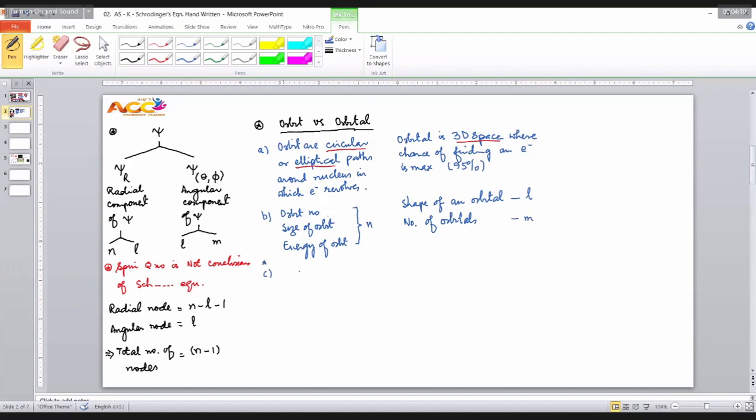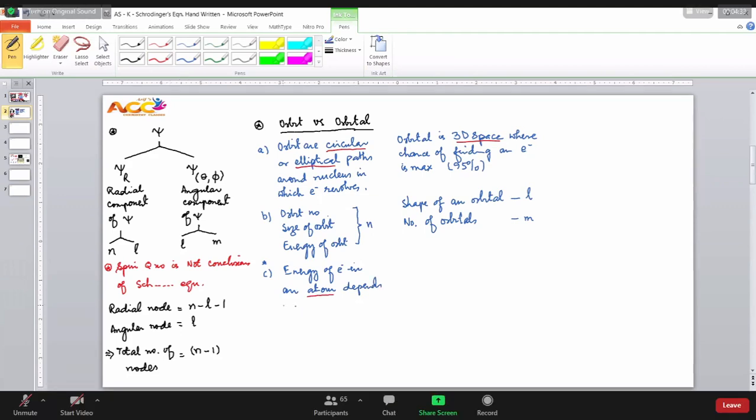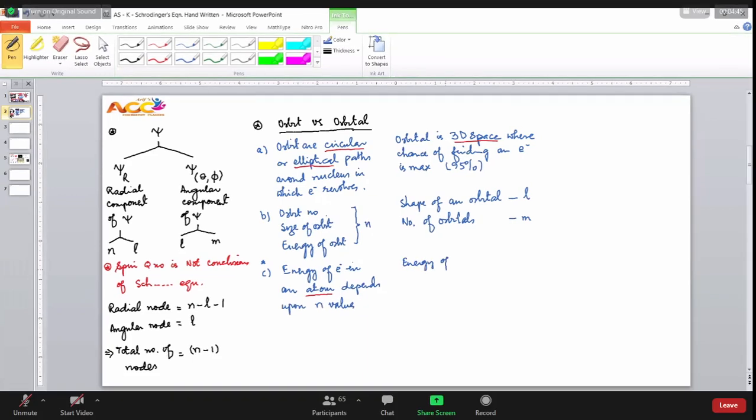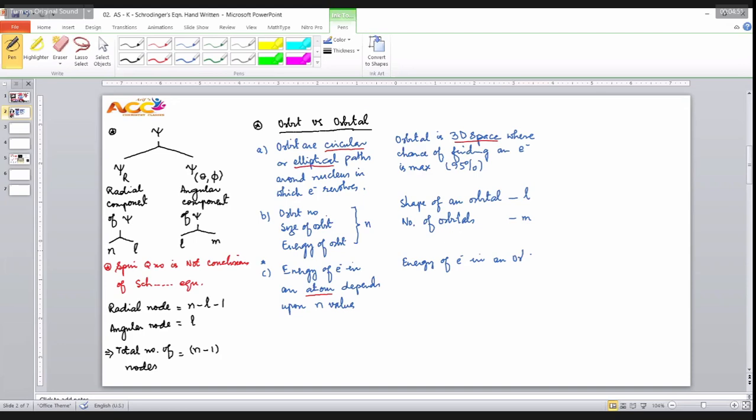Next, see this carefully. Energy of an electron in an atom. Take care of the language. In an atom, right, in an atom, depends upon n values, principal quantum number values. Here, see the statement now. Energy of an electron in an orbit.